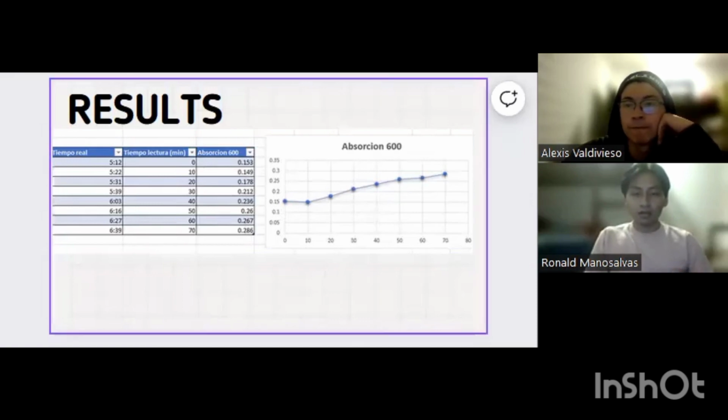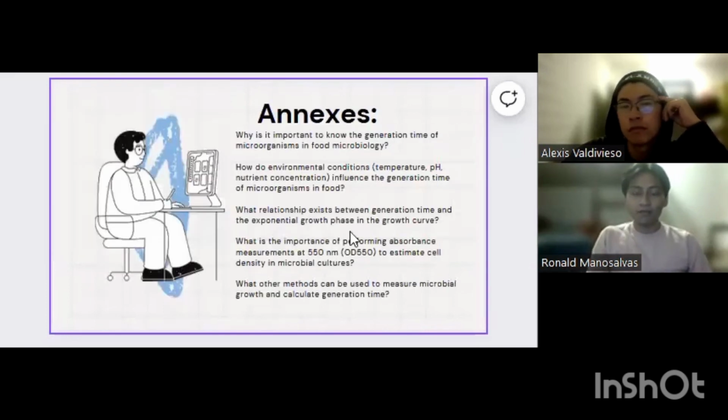Okay, now explain the annexes. Okay, the first question is why is it important to know the generation time of microorganisms in food microbiology?